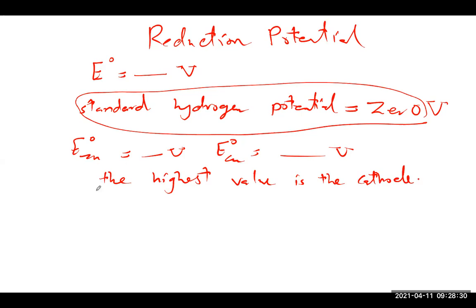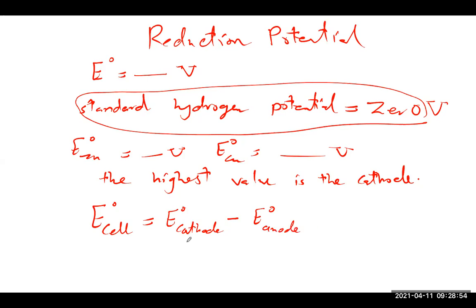And from this one, we can calculate the E of the cell, which is the cell potential. The cell potential will give you the voltage that will be produced by the cell. So the cell potential will be calculated by E of the cathode minus E of the anode.